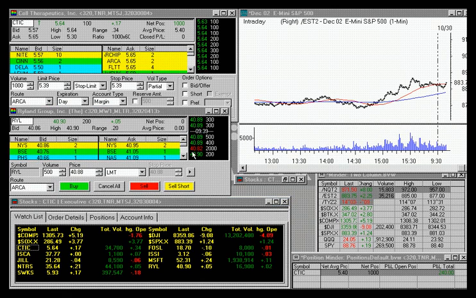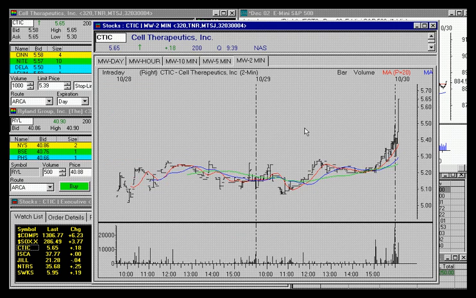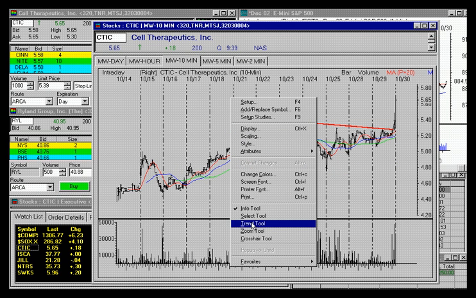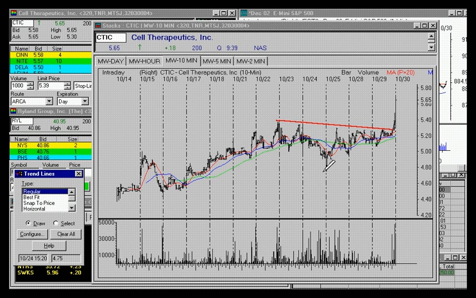Okay, we're back again, and you can see the market is up a little bit over here on the right-hand side. You see the S&P futures are ticking up, and fortunately our CTIC is starting to work a little bit as well. What I want to do right now is show you a price target I had just come up with while I was away. I had seen this little symmetrical triangle developing on the 10-minute chart.